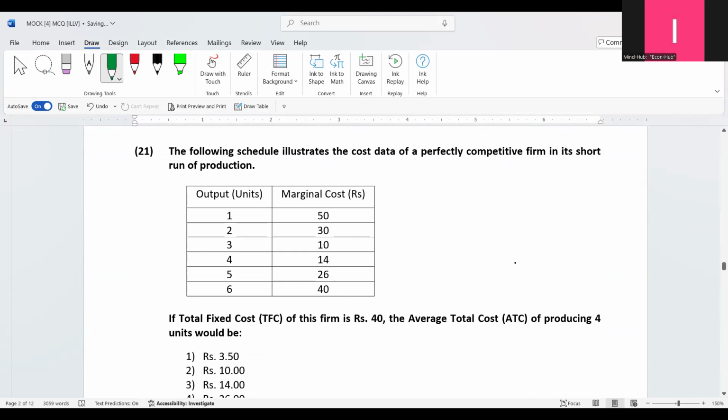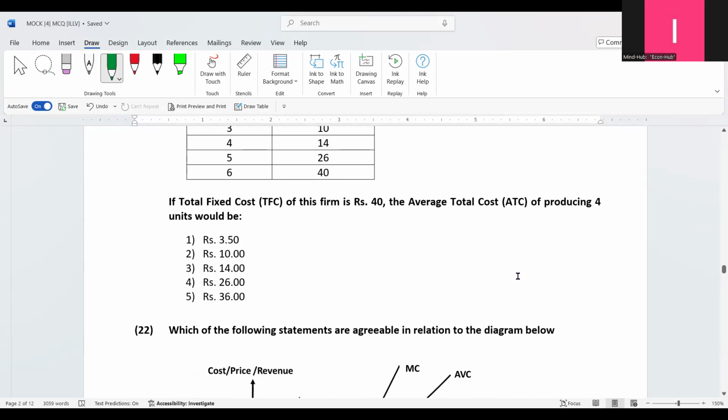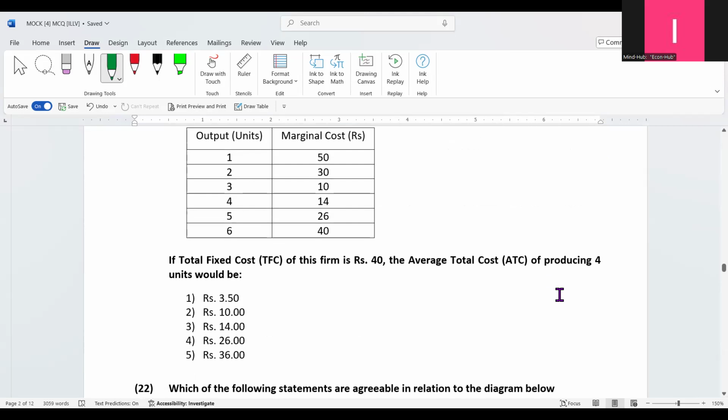Question 21. You are given a schedule for a perfectly competitive firm in the short run. Output, marginal cost. If total fixed cost, TFC, of the firm is rupees 40, the average total cost, ATC, of producing 4 units will be? Marginal cost is there.